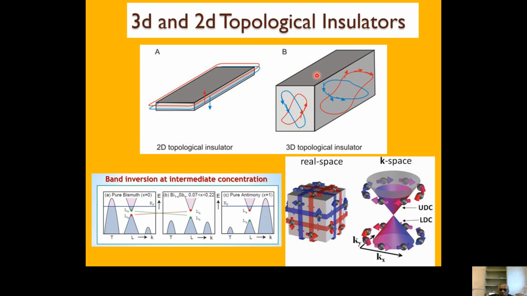Inside the material, there is no conduction because they are all confined in the cyclotron orbitals. But on the surface, you will see this conduction. So these are due to this spin orbit interaction.